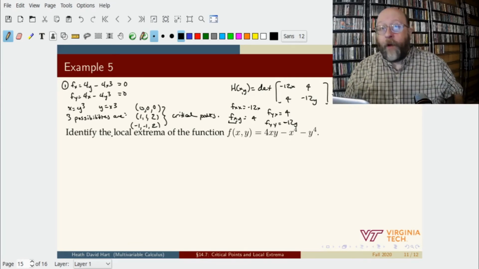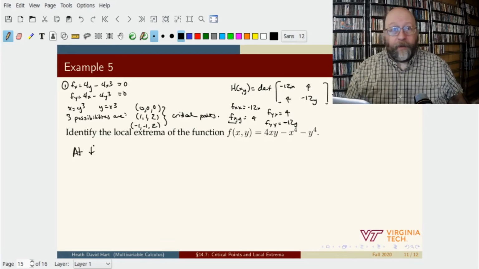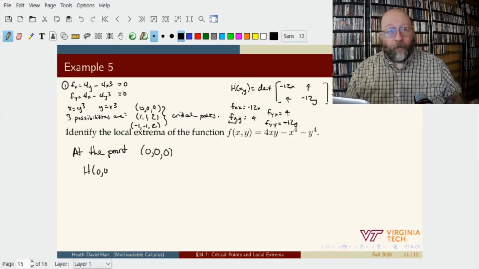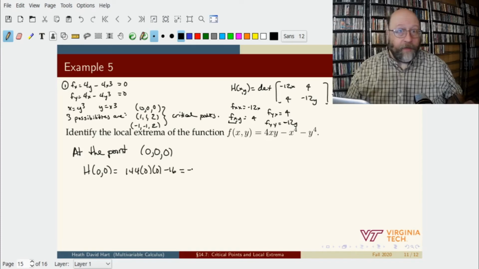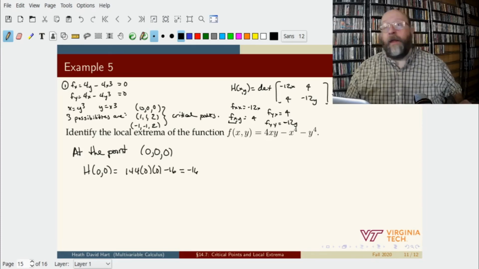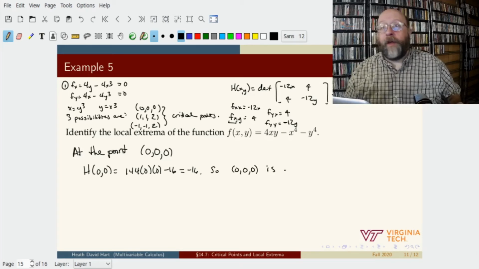So now let's evaluate each of the critical points. At the point 0, 0, 0, h of 0, 0 is 144 times 0 times 0 minus 16. That's negative 16. And since we have a negative Hessian, 0, 0, 0 is a saddle point.